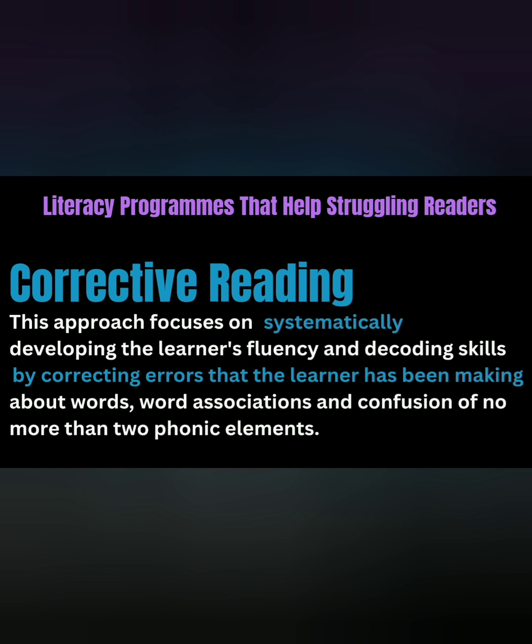So with corrective reading, it would appear as if the learner is not faced with many issues or that the problem might not seem major, but just one simple error can be causing a major problem with fluency and comprehension and decoding.